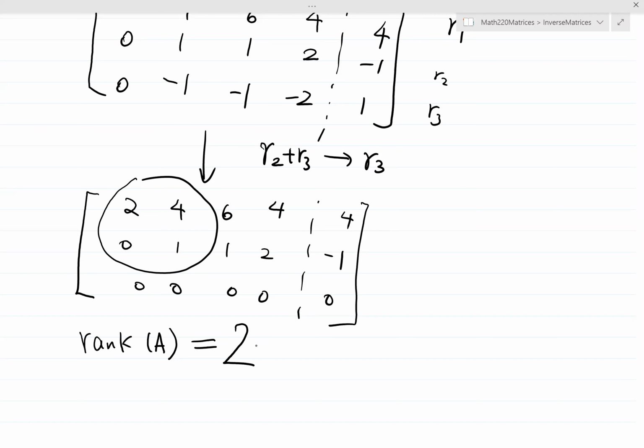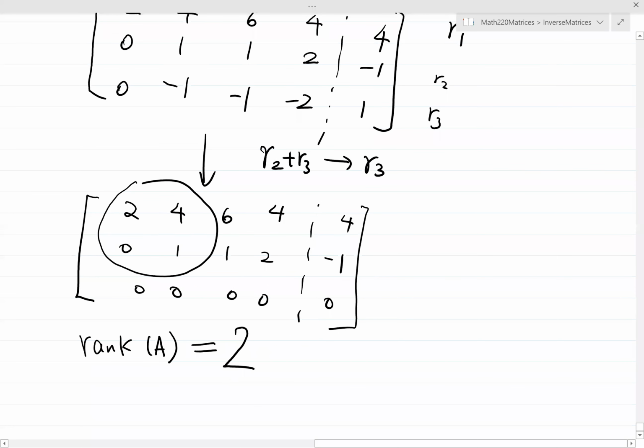So the row space is spanned by the first row vector and the second row vector. So it spans a plane. So rank A is 2, spanned by the first two row vectors.